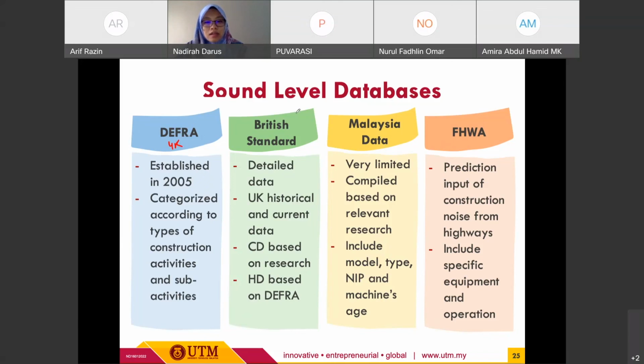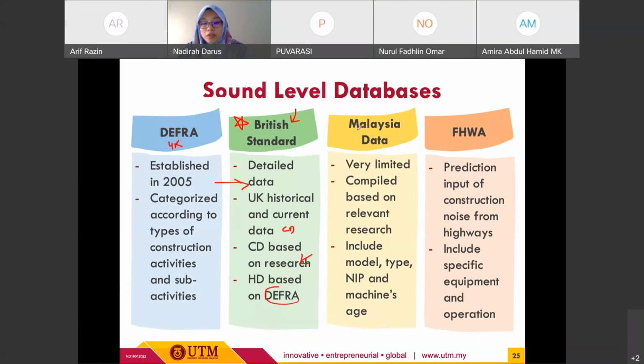And then dekat BS pun kita boleh refer. Okay, yang ni lagi detail. Kalau compare 4 ni, BS lah dia banyak lagi comprehensive. And dia punya data integrate juga daripada historical data and current data. Historical data based on past data and current data based on dia punya current research.